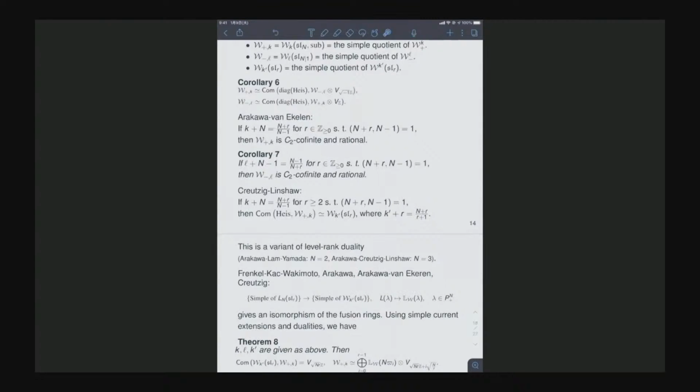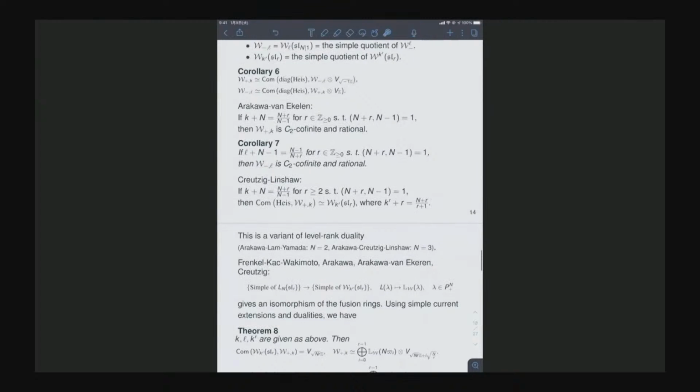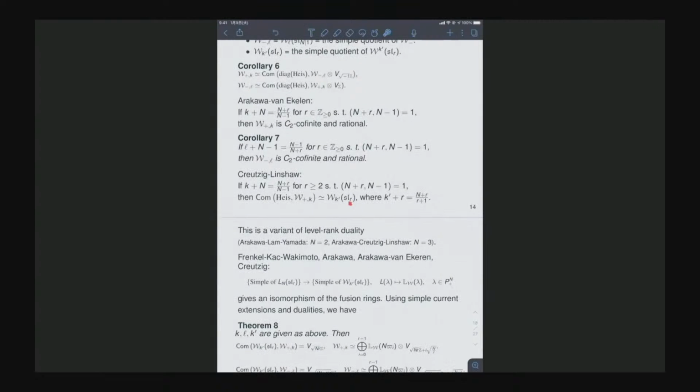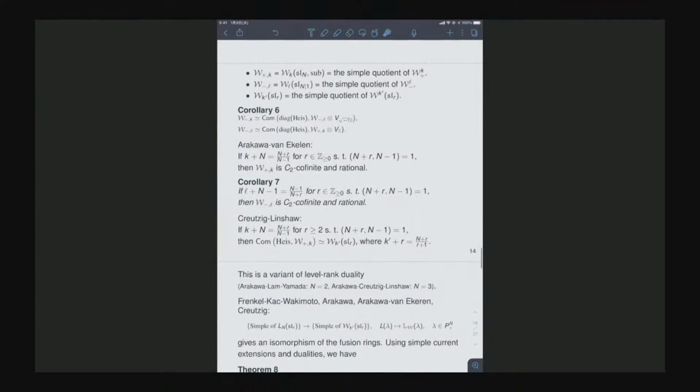And also, in Creutzig-Genra-Nakatsuka, considering the same level, now r is equal or greater than 2. Then the Heisenberg coset of subregular W-algebra is isomorphic to principal W-algebra of sl_r. So our W^+_K is defined as a subregular W-algebra of sl_n.